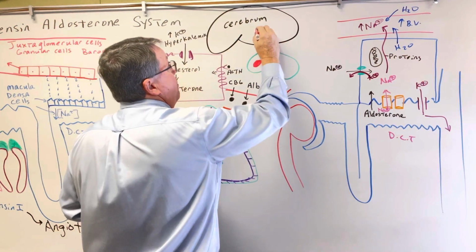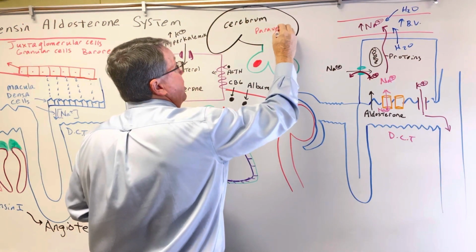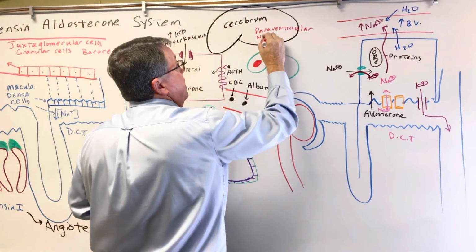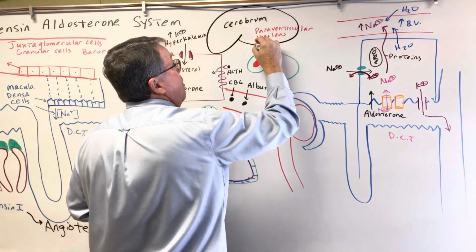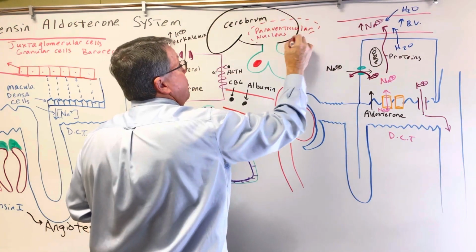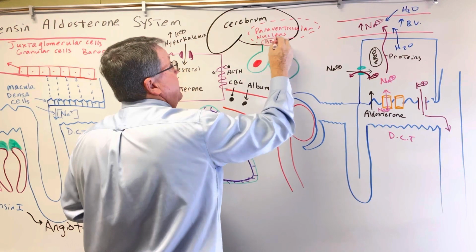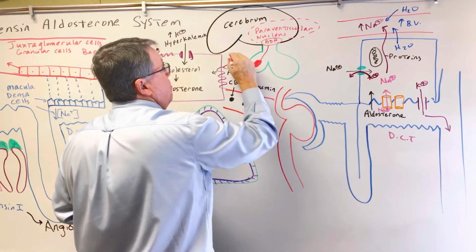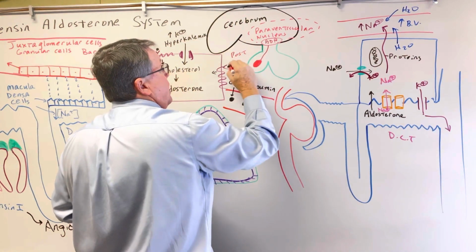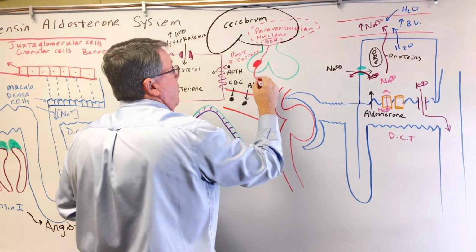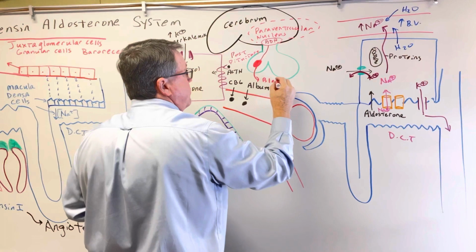If you recall, up in here we have something called the paraventricular nucleus, which is in the hypothalamus. The paraventricular nucleus is going to make ADH and send it down axons into the posterior pituitary. Then from the posterior pituitary, this is going to go into the bloodstream.